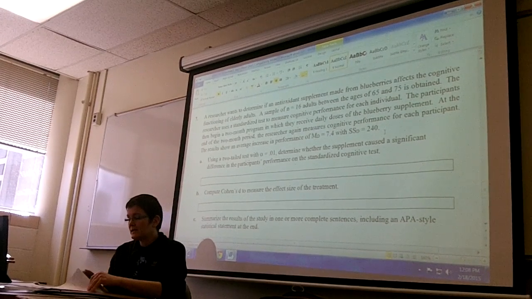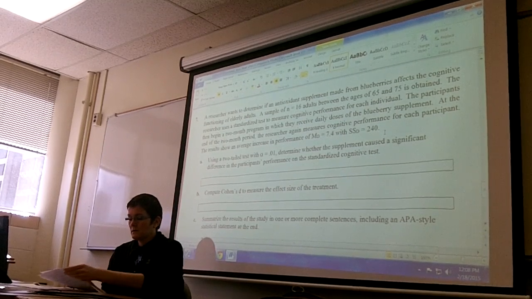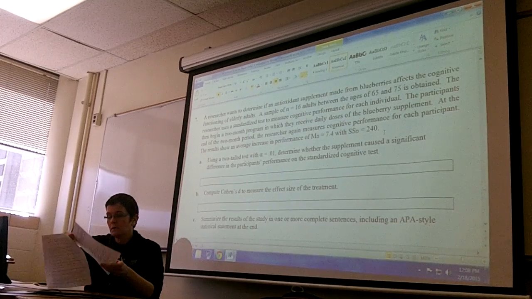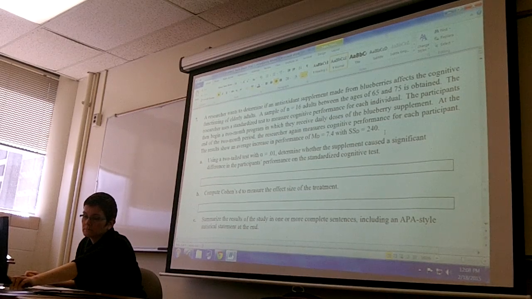Now, when we calculate a related groups t-test, how do we calculate t-observed? What do we do to calculate t-observed? Okay, right. So we're doing that one. It's t-observed for the related groups t-test.